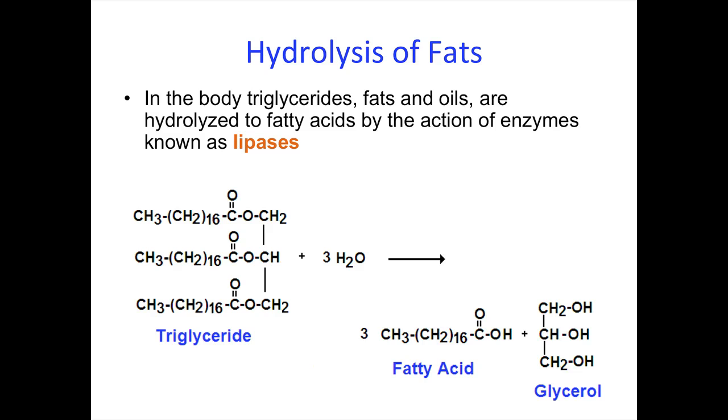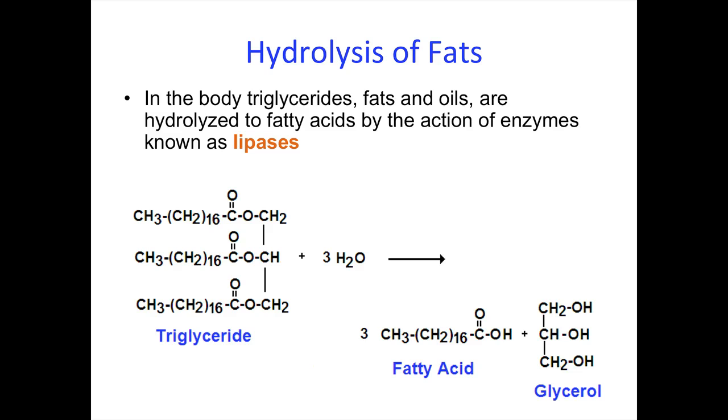In the human body, we would use enzymes, and the enzymes that hydrolyze TAG or lipids are called lipases. So it's just a simple reverse reaction. When you hydrolyze a TAG, you get 3 fatty acids and 1 glycerol molecule. So that's your recap.